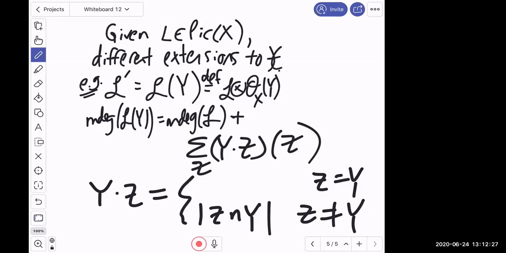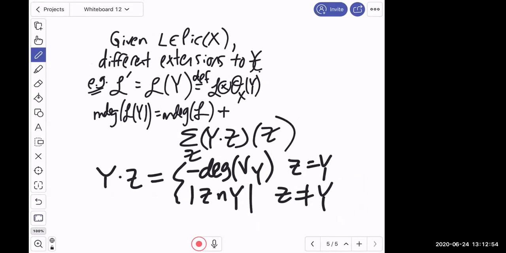And so what happens then is you just get minus the degree of the vertex associated to Y. So maybe I'll call that v_Y. This is the degree of the vertex on the graph. You're just counting how many components you intersect, and you have to take the negative of that. So this is just a standard exercise in intersection theory.